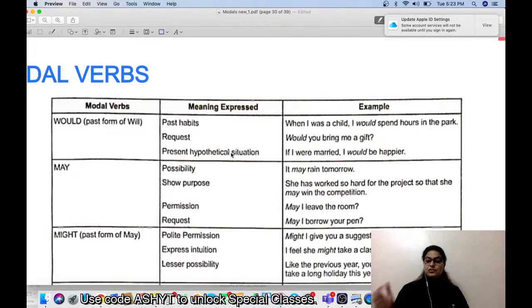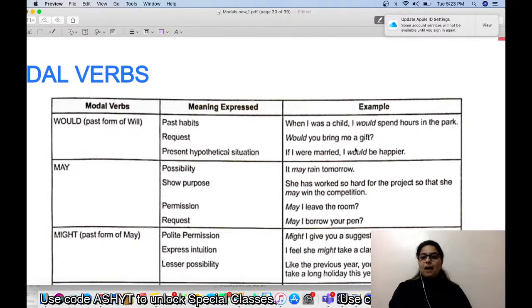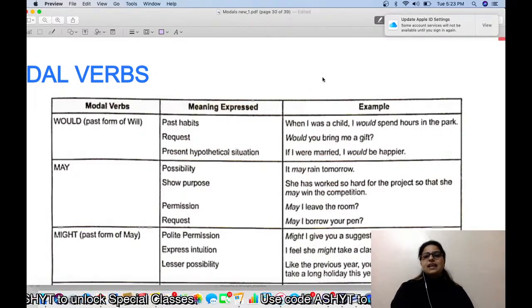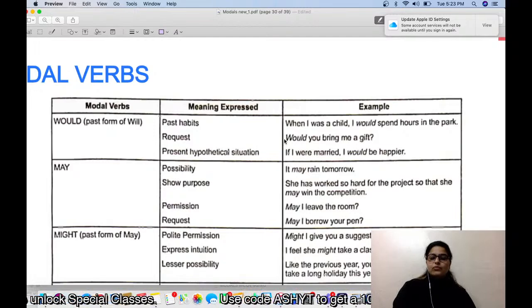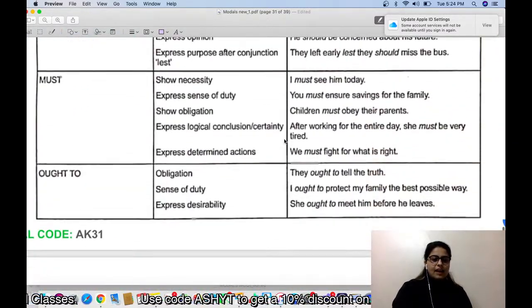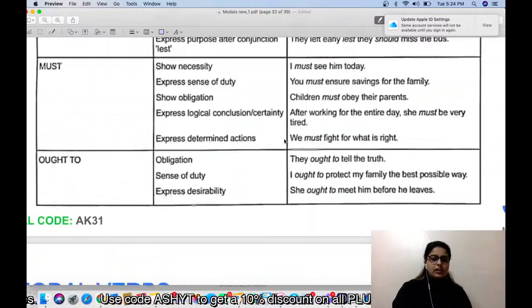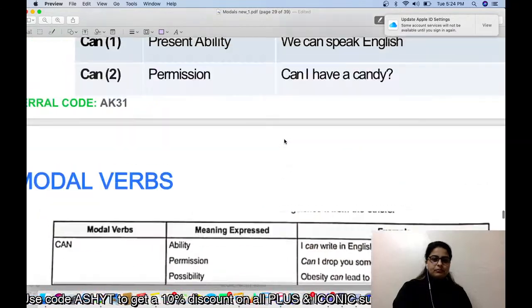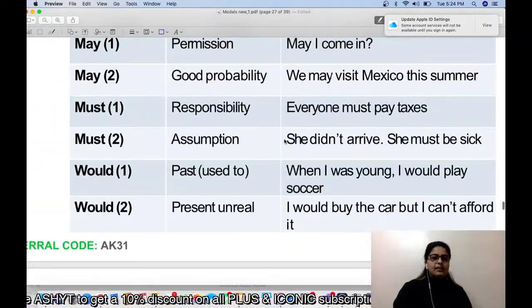Hypothetical means imaginary. If I were married, I would be happier. So again, all of these sentences you can see are with the usage of the modal verb would. And rest I have discussed with you during the lecture. Now let's go back to the quiz and do it properly.